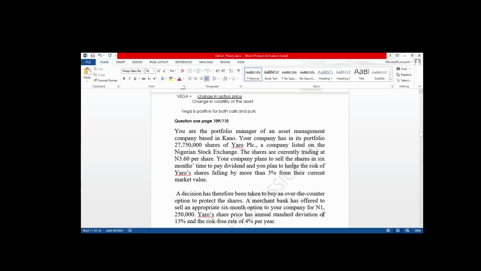Assuming you are selling today, the price is 3 naira 60 kobo. But you are planning to sell in 6 months' time. What the share price will be in 6 months' time, you are not sure.